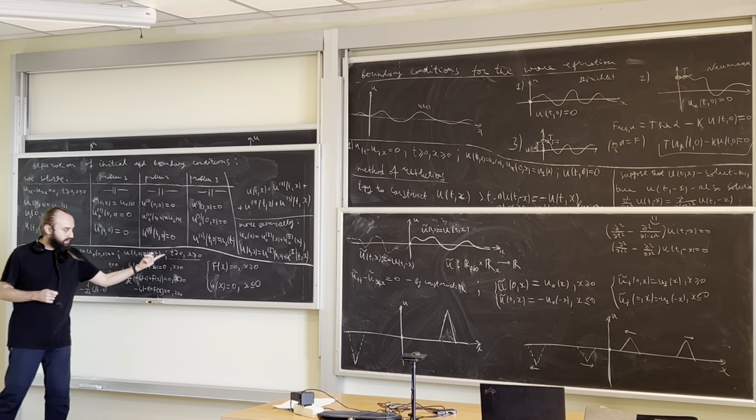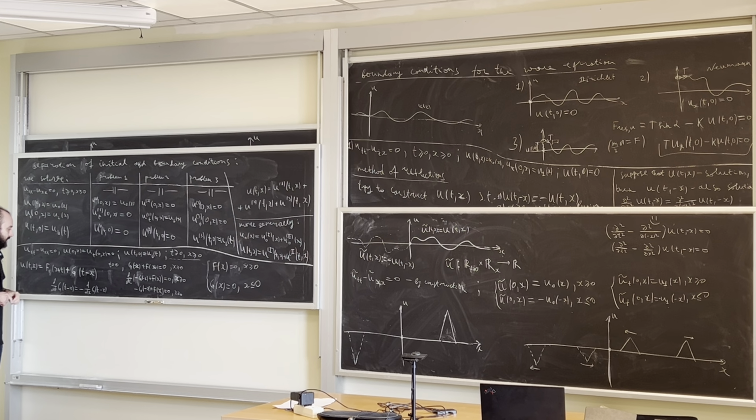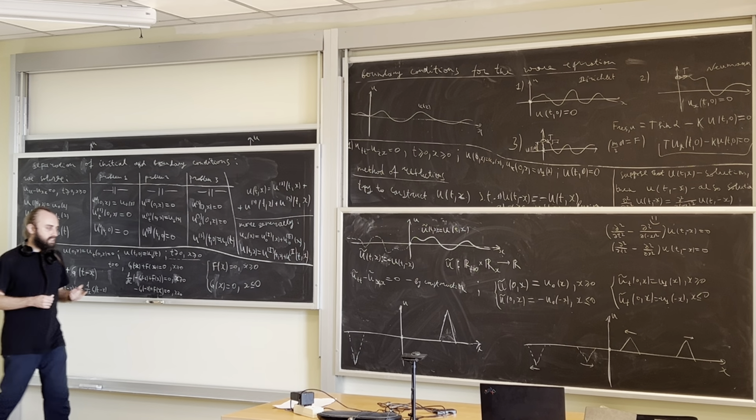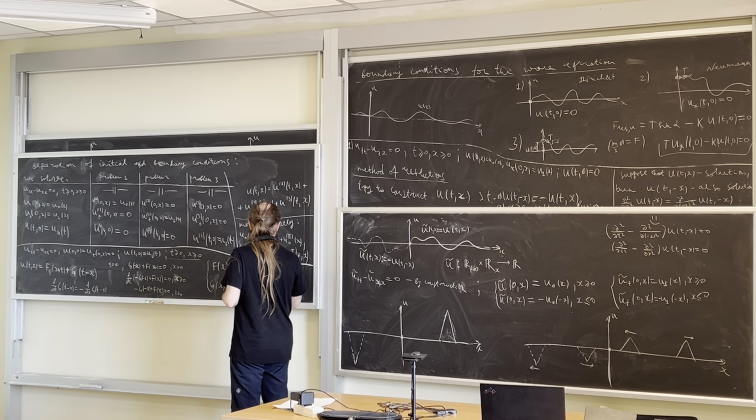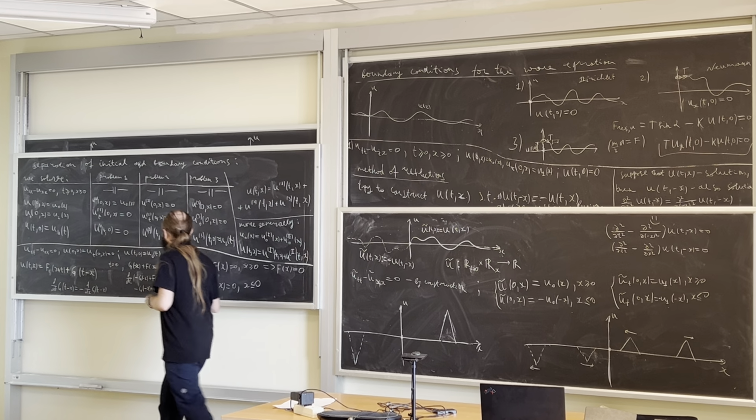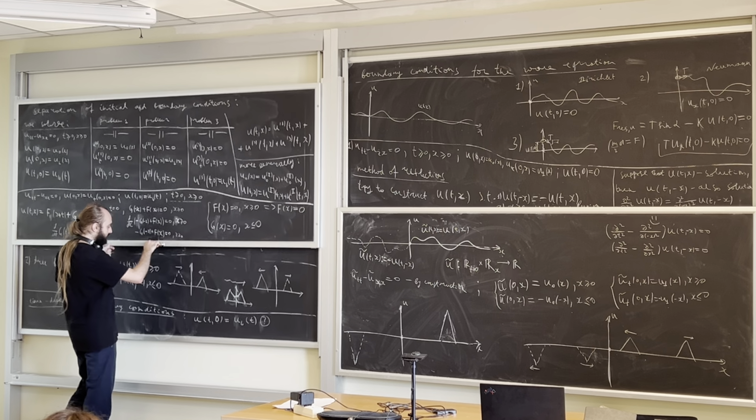Yes, it's defined for positive t and x, and so we don't care about this. So without loss of generality, we can just say that f of x is 0. And now what?